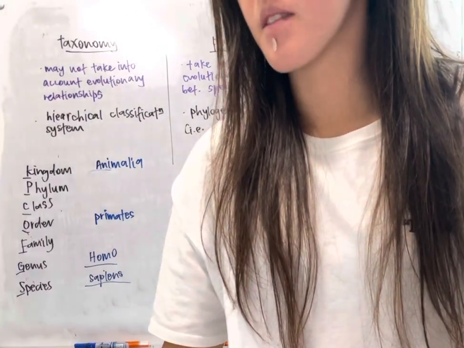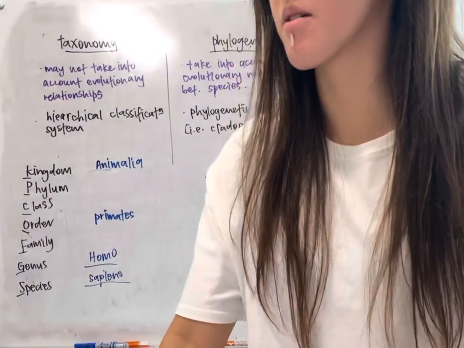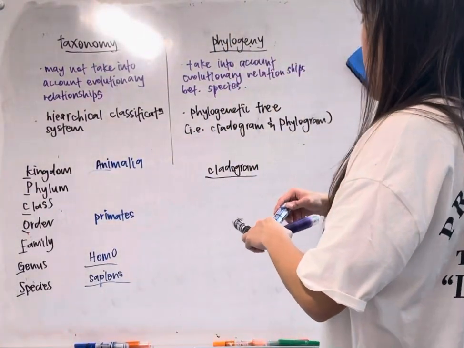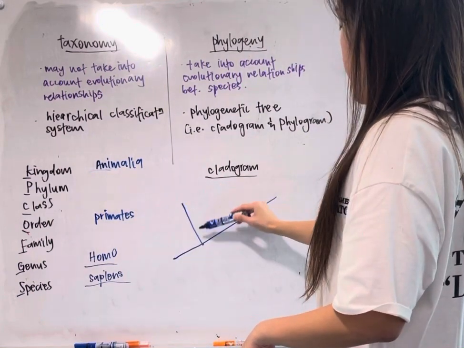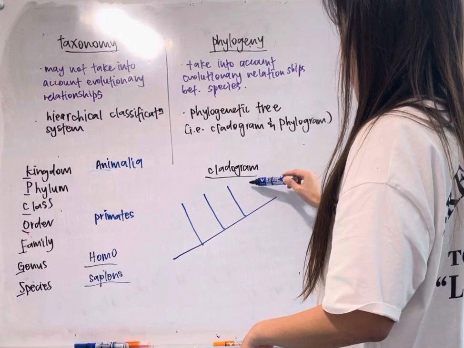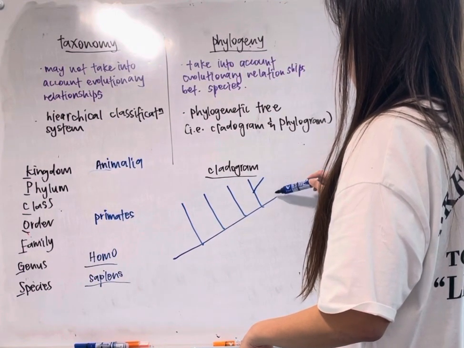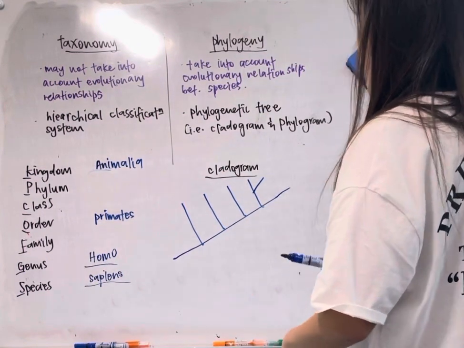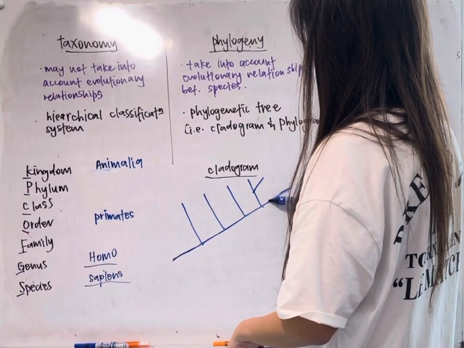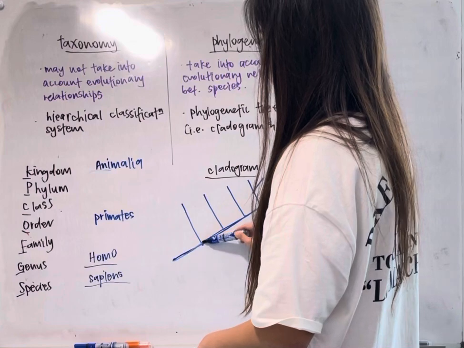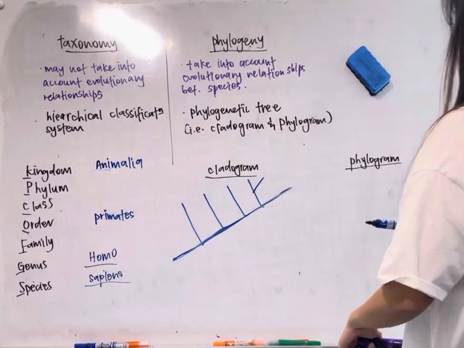Now, the first thing I want to mention is we need to learn cladograms. If I were to draw, this is a typical cladogram. There is no period of time located here. Sorry, it can be a period of time, it can be homologous.